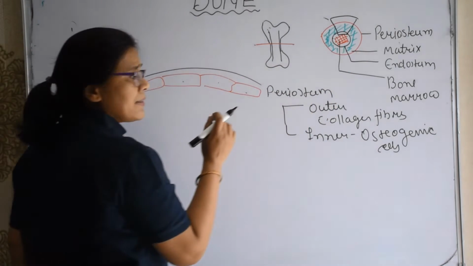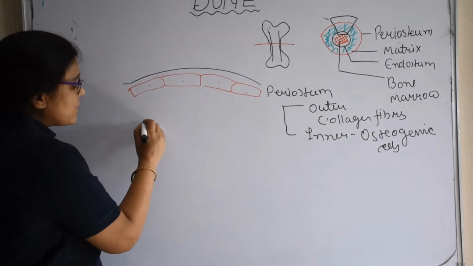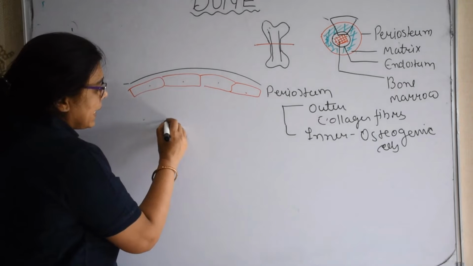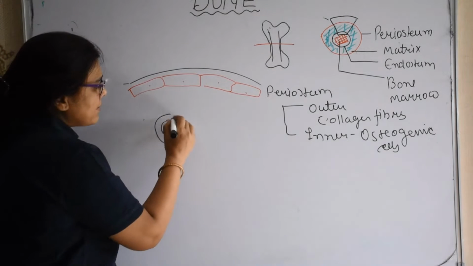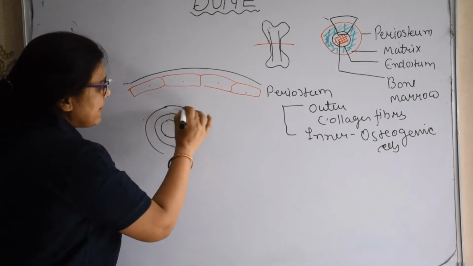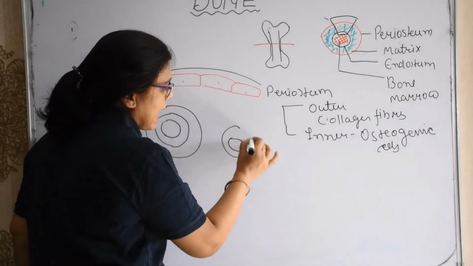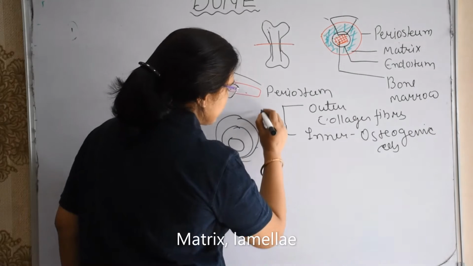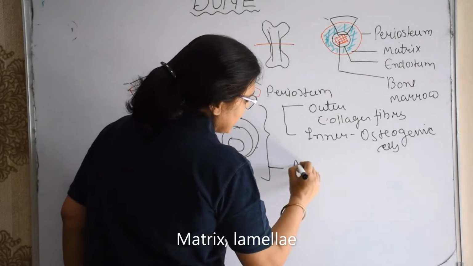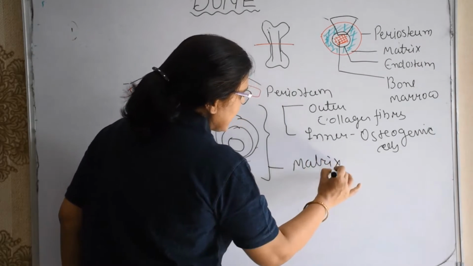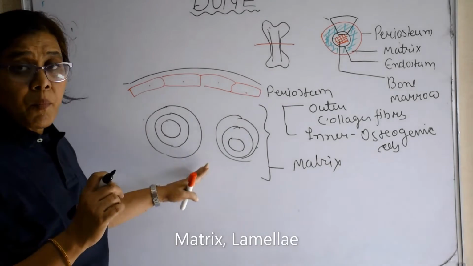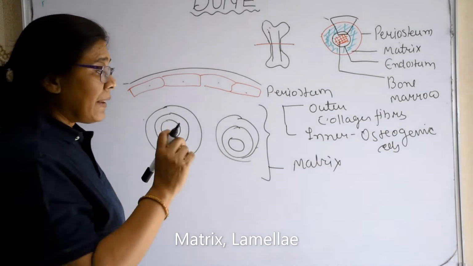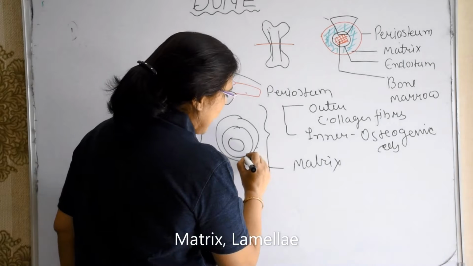The second layer is the matrix, and the matrix which is present in the bone occurs in layers, and these layers are called lamellae. So this particular part is the matrix. In the bone, the matrix is present in layers and that is called lamellae.